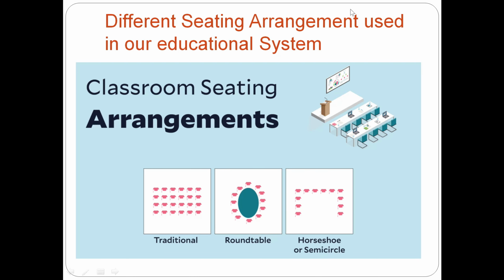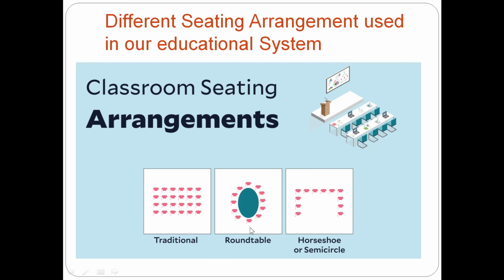Different seating arrangements used in our educational system. I have collected some classroom seating arrangements here. Now look, here is a classroom seating arrangement. One arrangement is this one. The second one is what we call the traditional one, which we were following when we were students.